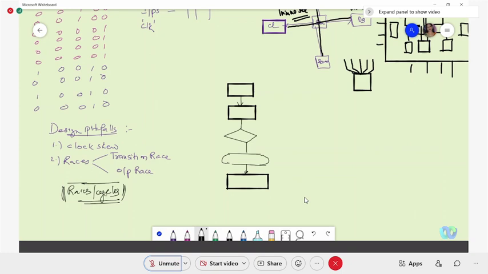The order of changing of state variables decides the state to which it goes, whether it is a wanted stable state or an unwanted stable state. Remember that?